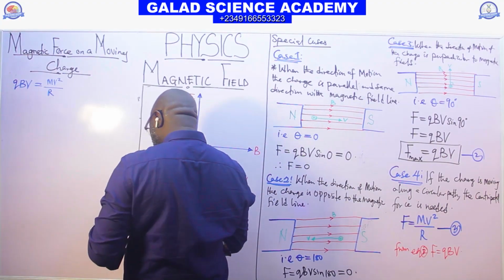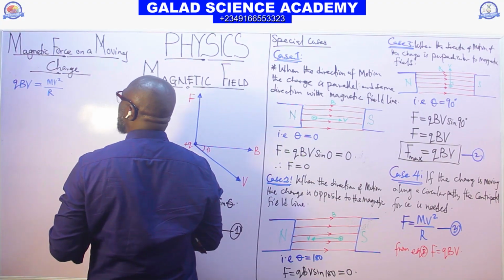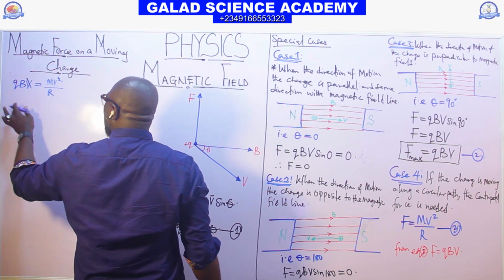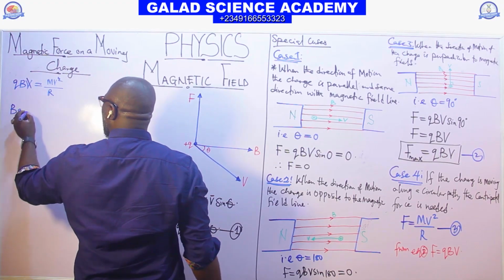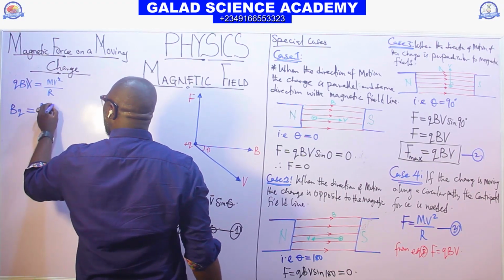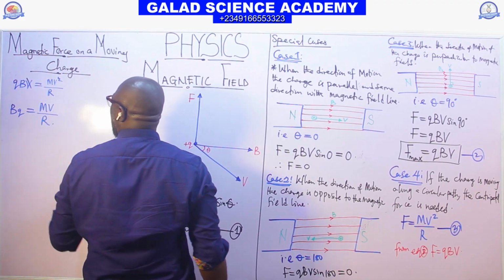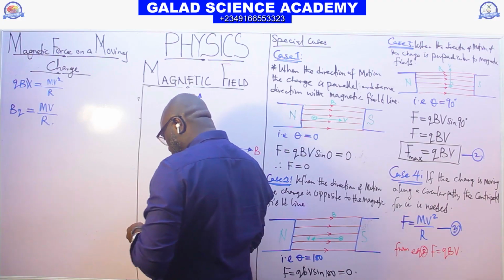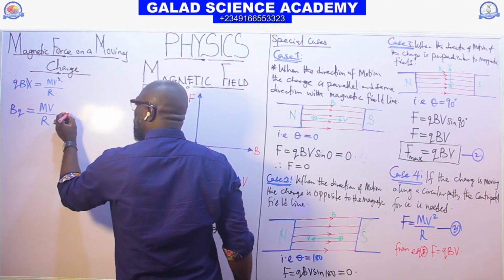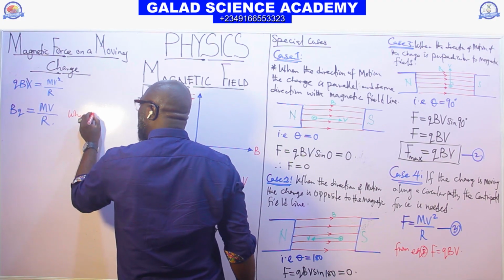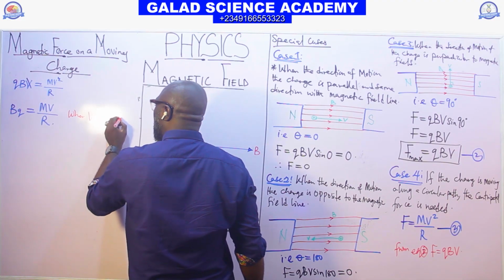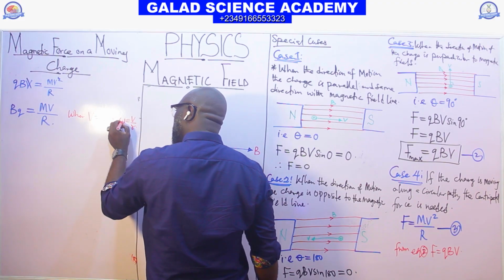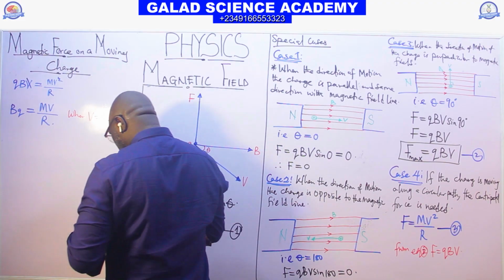By doing that, note that this v is velocity. This one we cancel one here. We have BQ equal to mv over R. And again, from circular motion, we all know that, recall, velocity equal to omega R. Omega is velocity over R. Let us put it here.